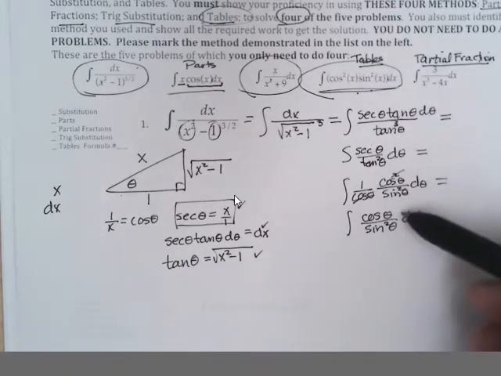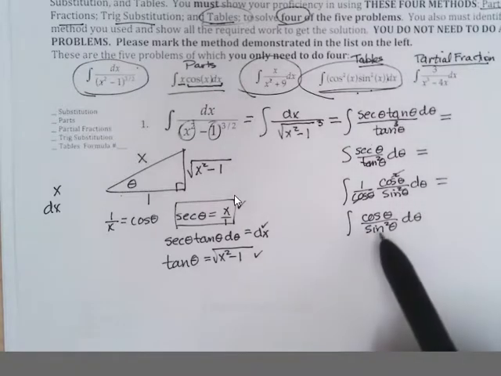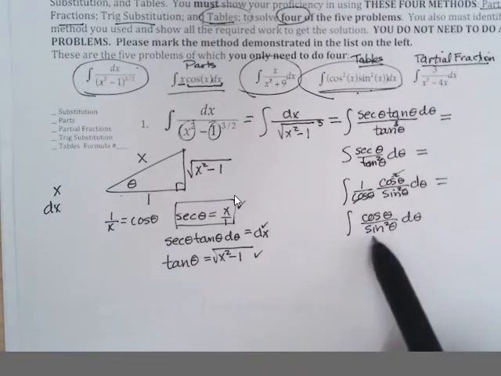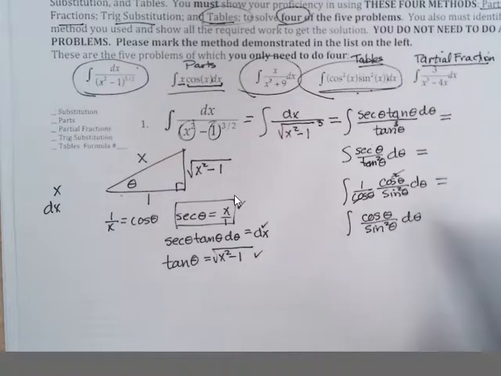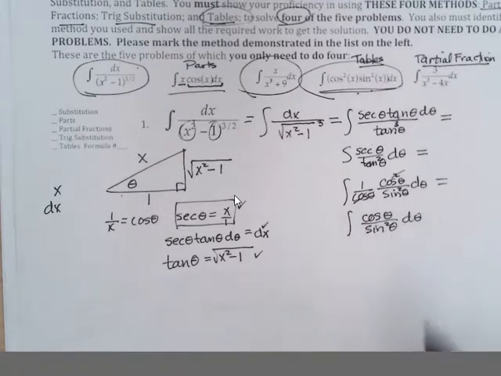I could move the sine up and call it cosecant squared, or I could call it sine to the -2 and use a table formula, but substitution works on this one. If you're familiar with substitution, the derivative of whatever we let u usually ends up in the denominator, canceling the numerator, and that would be derivative of sine is cosine, so it would cancel the cosine.